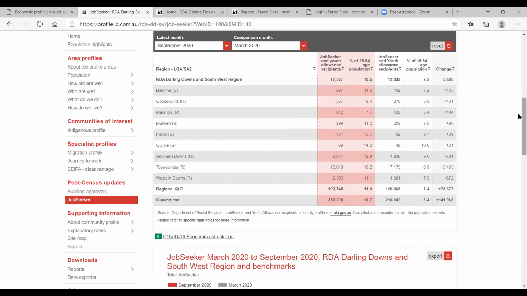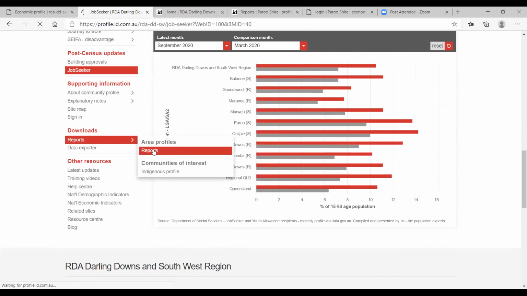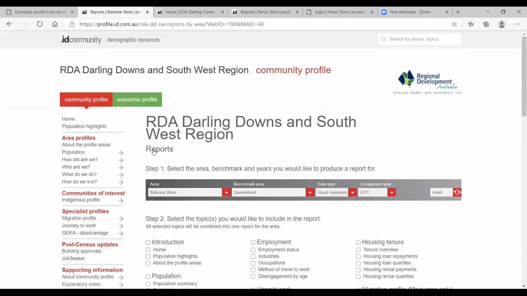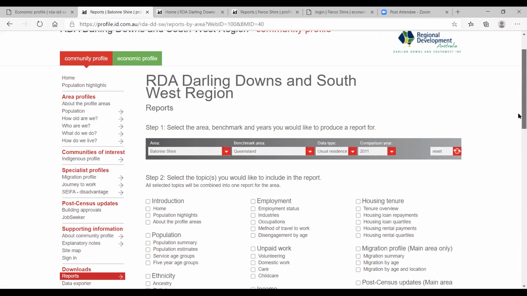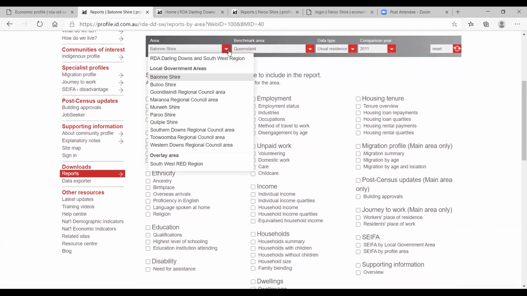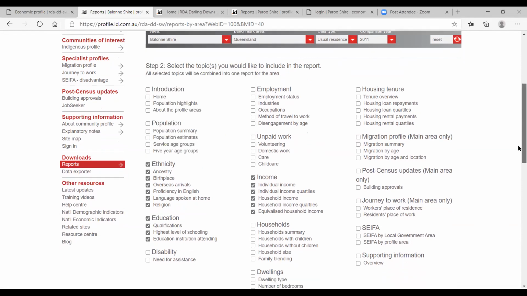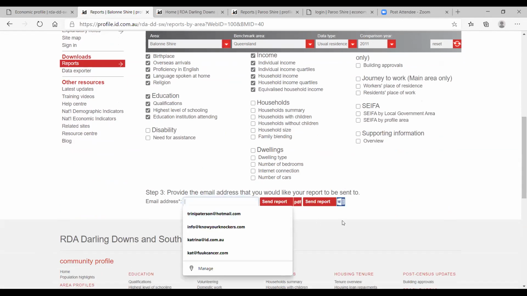The last thing I'm going to show you on this page is down here, we've got this reports area. If I click on my downloads, I come to reports, and I can print out a report on the Belong Shire or RDA DDSW or Peru or Quilpie or Southwest Reds region, and I can click on all of these variables, and I can put my email in down the bottom, and I'm able to send that to myself.